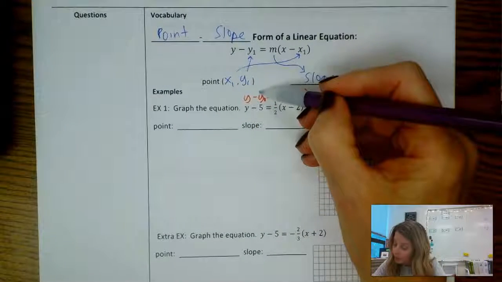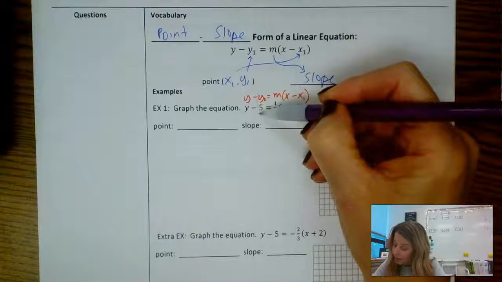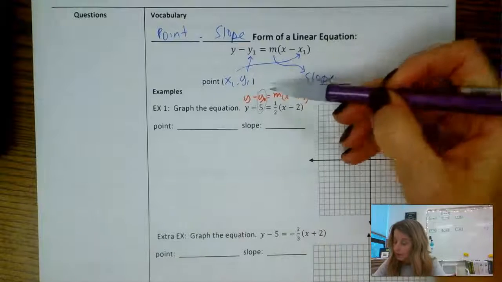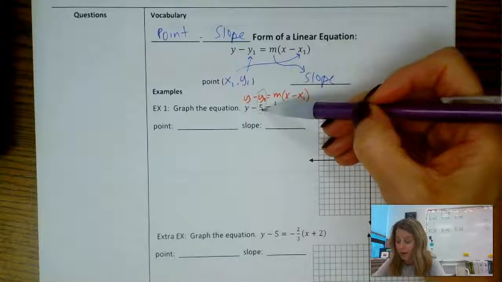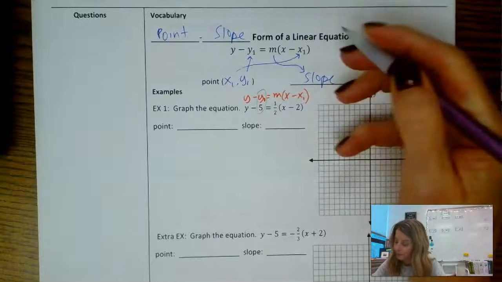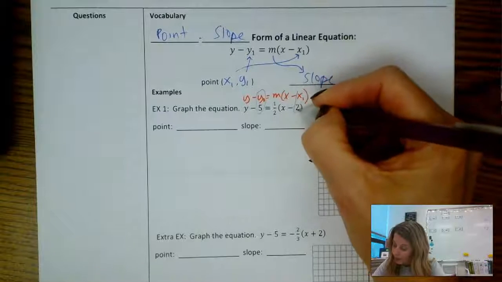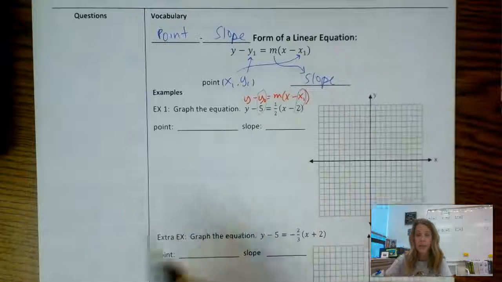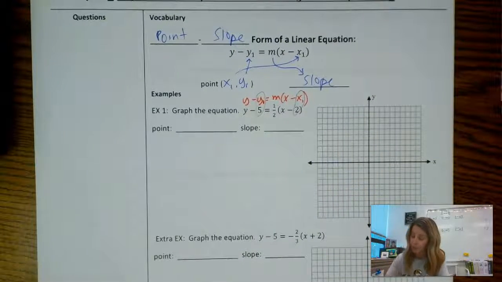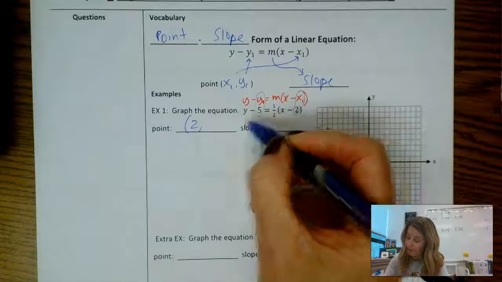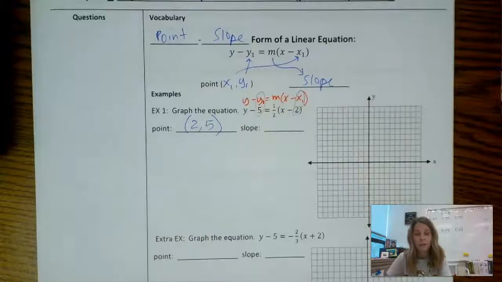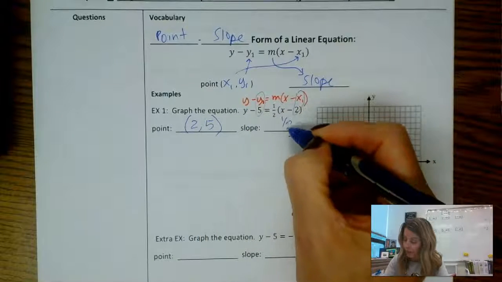So what I want to point out is I'm just going to circle y1 and 5. So the negative needs to be a part of the formula. So y1 is going to be a positive 5. x1, kind of the same idea. x1 has to be a positive 2. So our point here is going to be 2, 5. Okay, and then your slope is 1/2.